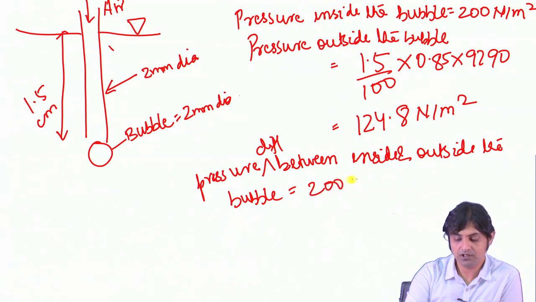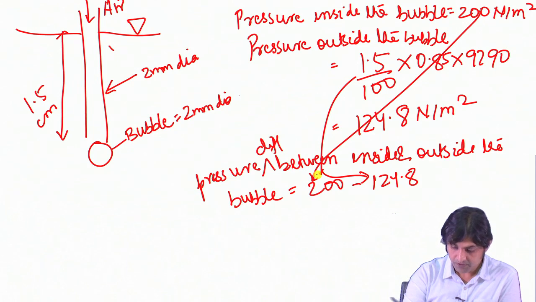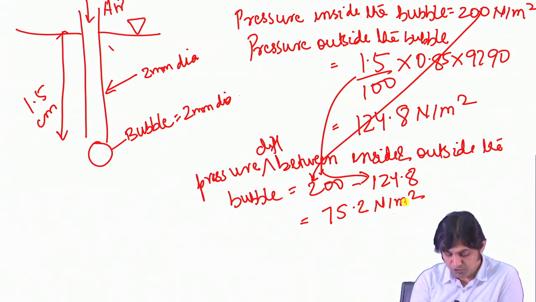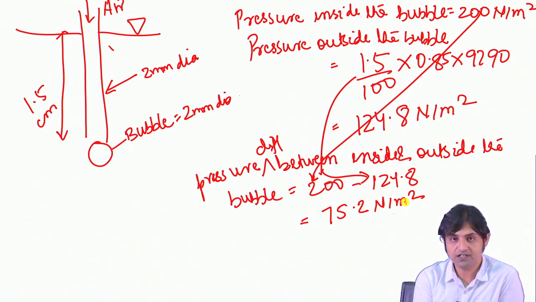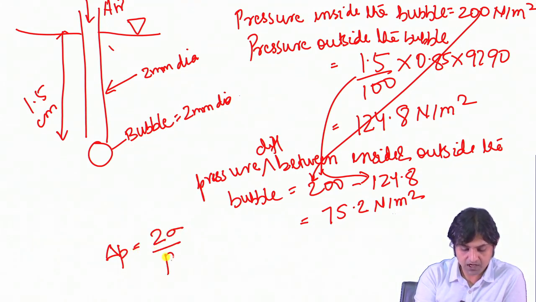It is 200 minus 124.8. This pressure difference comes out to be 75.2 Newton per meter square. So what was the formula for the pressure difference that we have seen in a couple of slides before? That delta P is equal to 2 sigma by R.